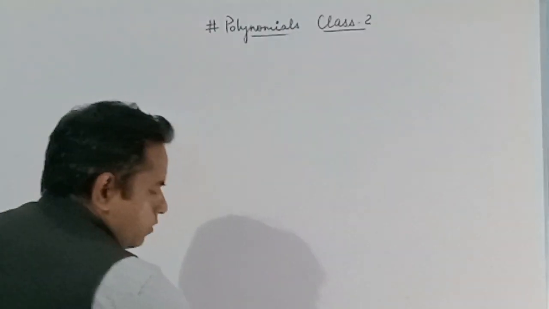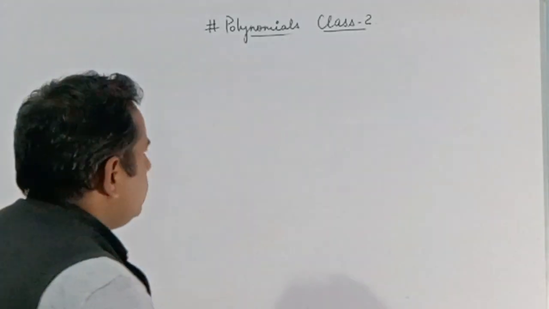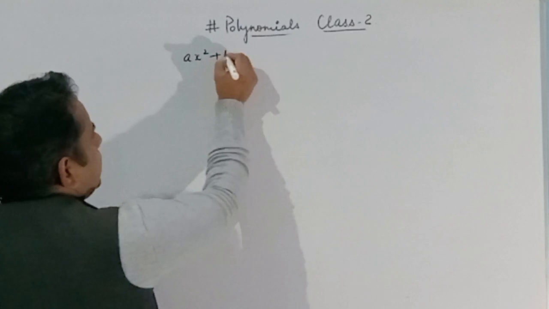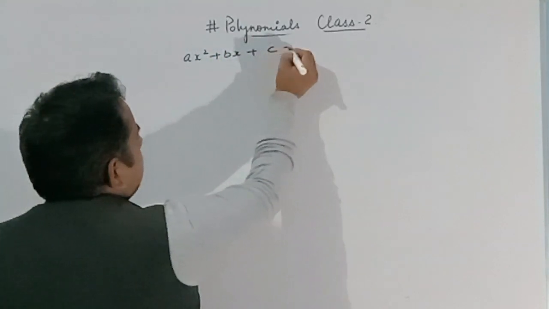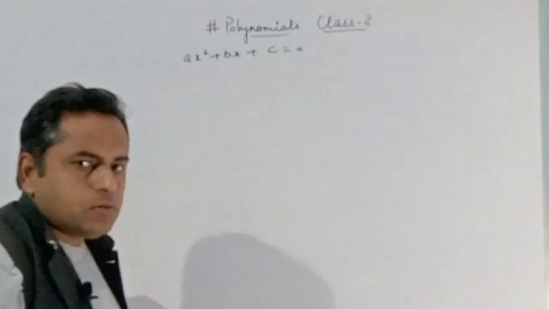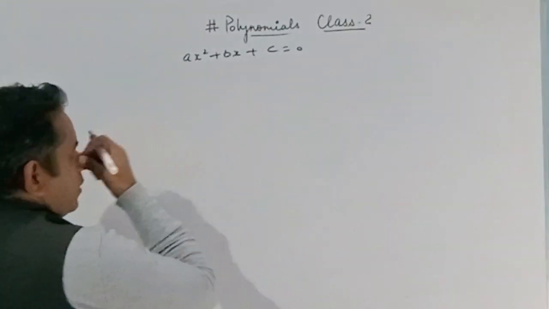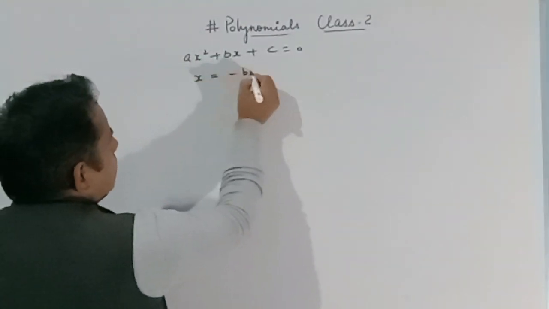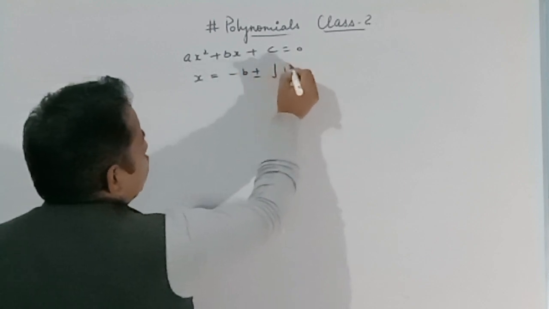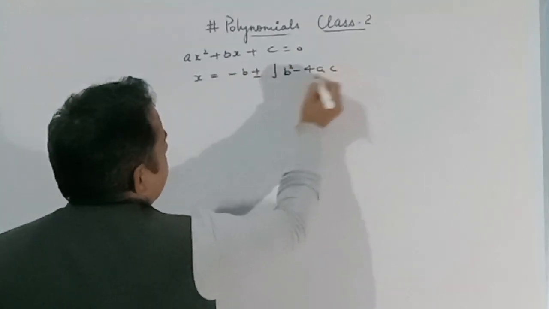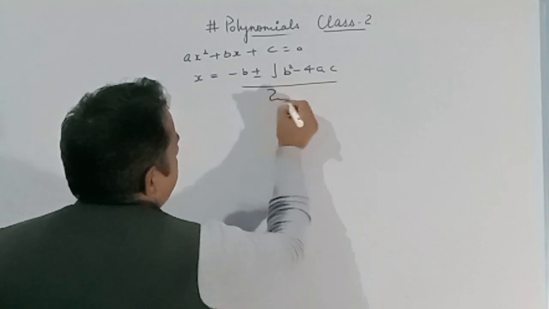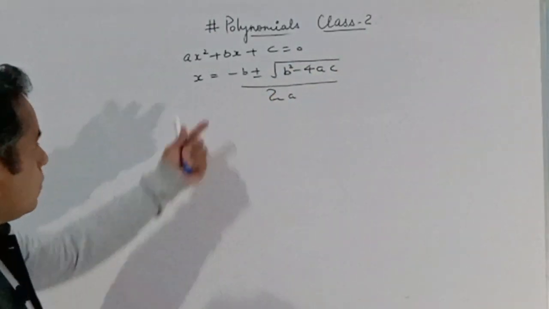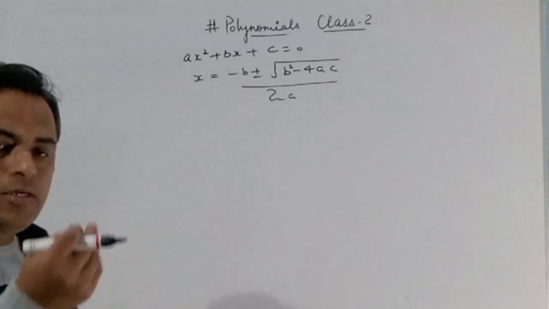As we have one result, I'm writing here: if we have an equation ax square plus bx plus c, this is a quadratic equation, and we can have x is equal to minus b plus minus under root b square minus 4ac, divided by 2a. Okay, these are the two roots of any equation.